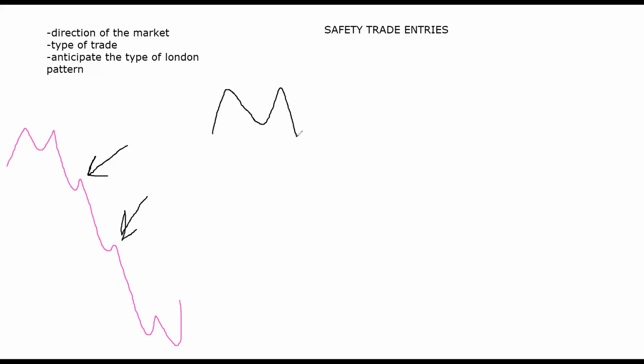But for now, just understand that a peak formation can be an M or a W, or it is the beginning of a trend, just like this right here. That's the end of a trend and the beginning of a new trend. That's a peak formation, okay?